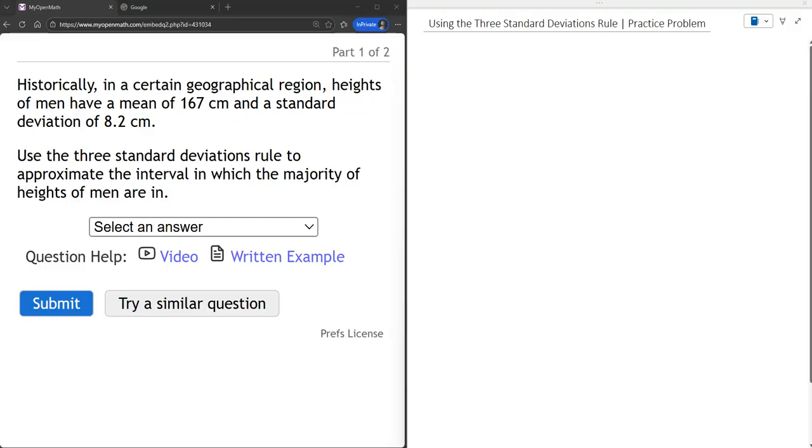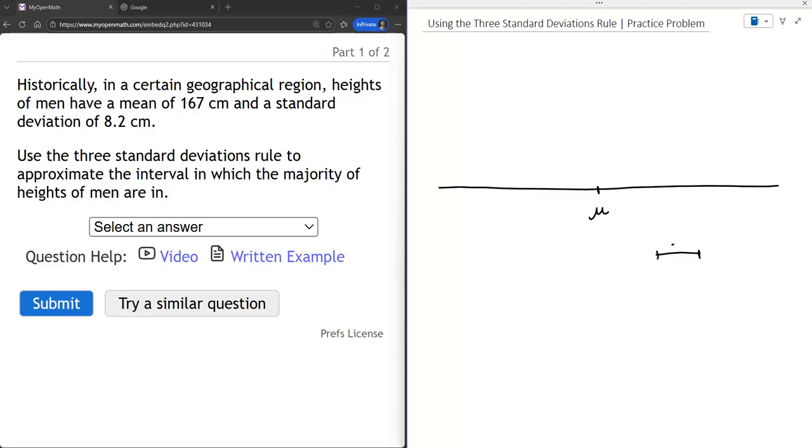That means if we draw a line and find the center, which is the mean, and have standard deviation, let's say it's sigma, this is how I write my sigmas. If we use sigma as a measuring stick, we measure 3 sigmas: this is plus sigma, this is another sigma, this is another sigma.